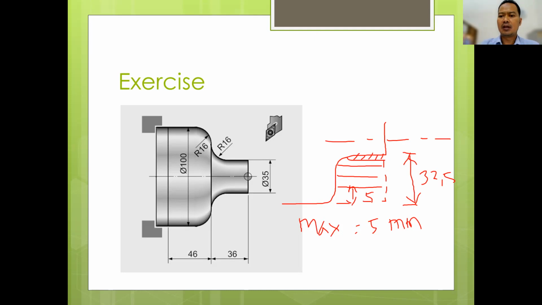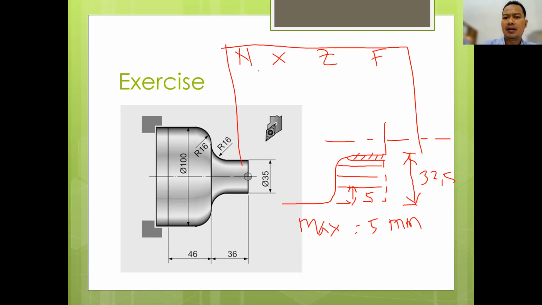So for the format, you can use a table, for example N, and then X and Z, and then F. For example, you make a table like this.